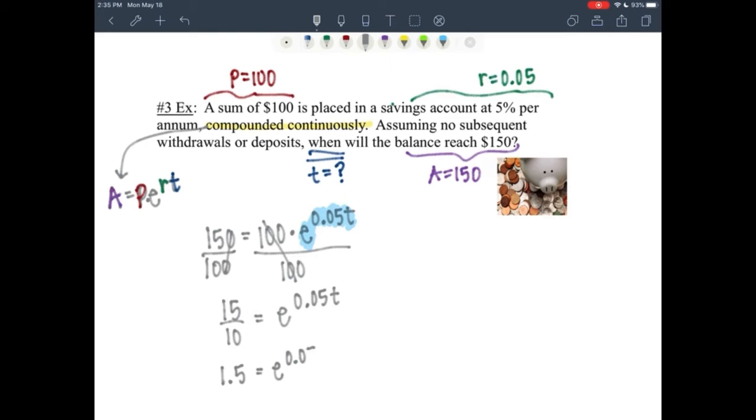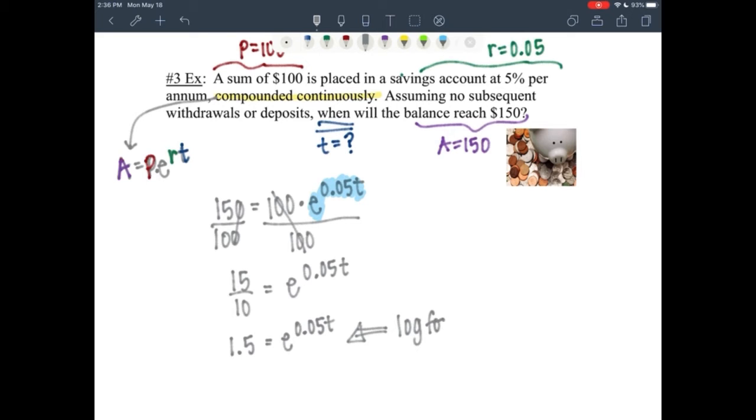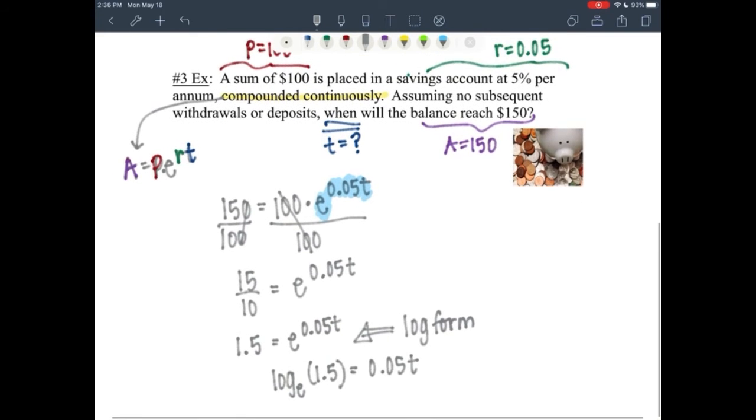So I might reduce this one, but it's okay if you don't. We're going to write this in log form. So we're going to have log base E, that's a natural log, of 1.5 equals 0.05 T.